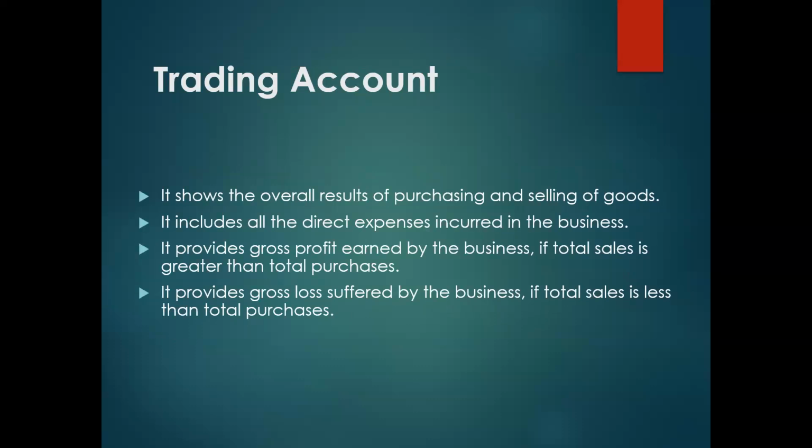Whatever is related to the transportation or interchange of goods comes under the trading account, and it includes all the direct expenses incurred in the business. Whatever is related to the trade is considered as direct expenses.